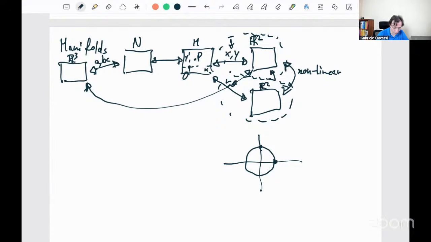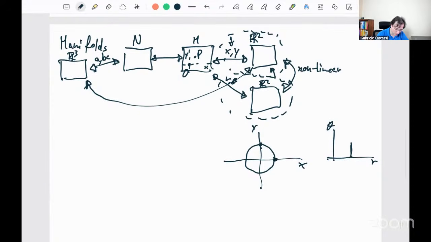So if you look at the chart in r theta, and this is x and y, the displacement will look like this, which would correspond to this segment, like the curve. If you are in xy, you will think of your displacement as this.